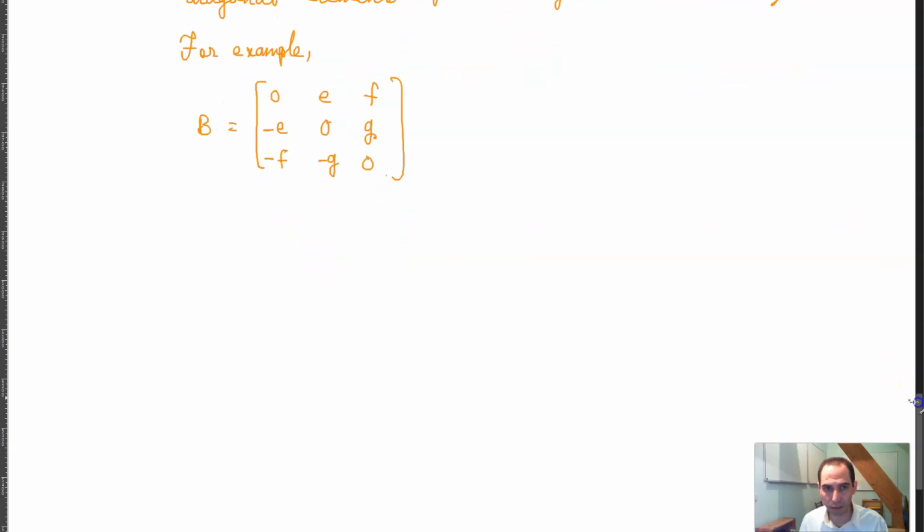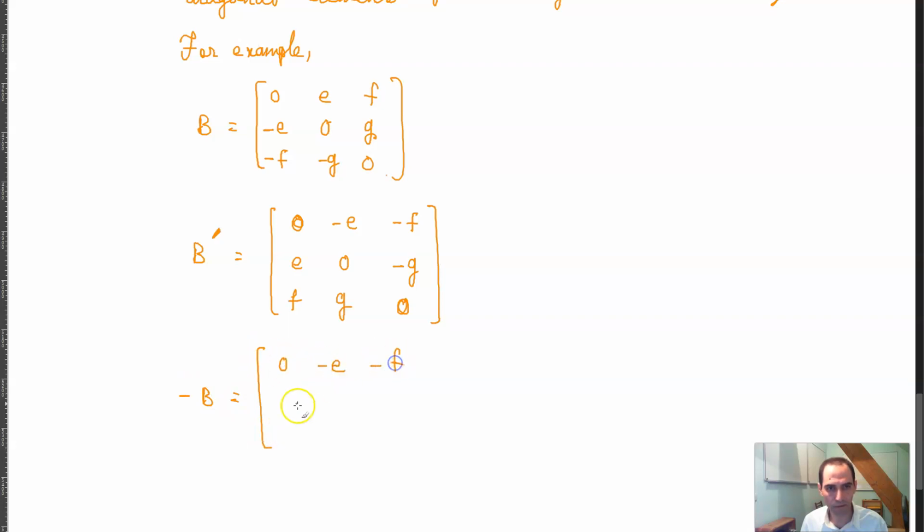Now, here if I take the transpose of this matrix, B transpose or B prime is going to be equal to 0, negative E, negative F, E, 0, negative G, F, G, 0.